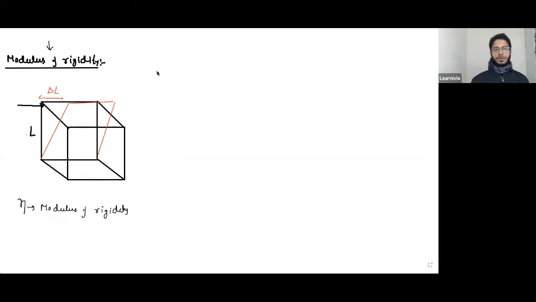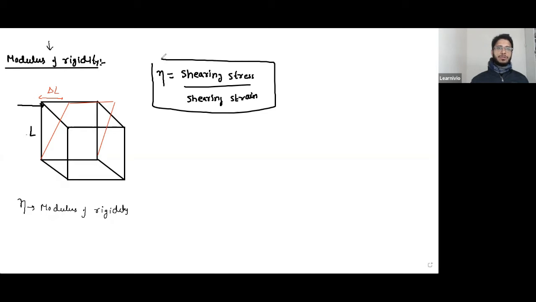And this modulus of rigidity is the ratio of shearing stress, shearing stress means tangential stress, and shearing strain, tangential strain. So this ratio of tangential stress and tangential strain is known as modulus of rigidity.